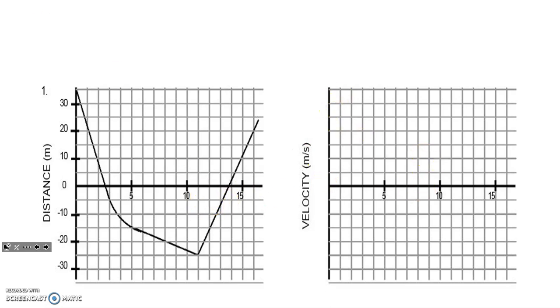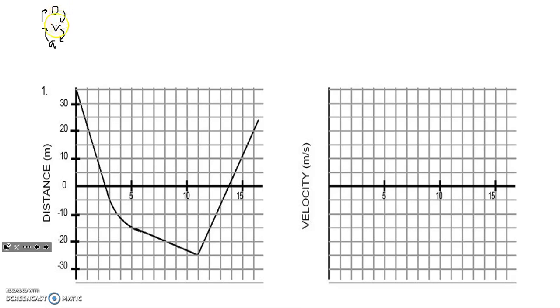Now, as we said in the previous video, as you move from distance to velocity, as you move down, it equals the slope. As you move up, it equals the area under the curve.